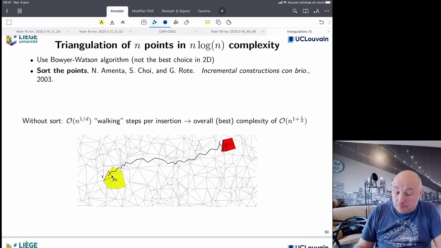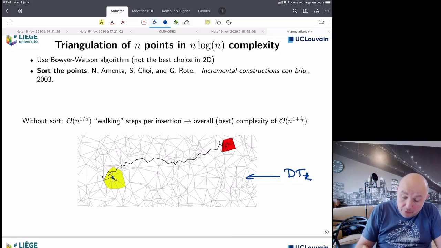Bowyer-Watson algorithm, what does it do? Imagine that this is dt k, a triangulation with k points. And this is pk plus 1, the last point we added. One thing which has to be done is to find the triangle here where the new point lies.